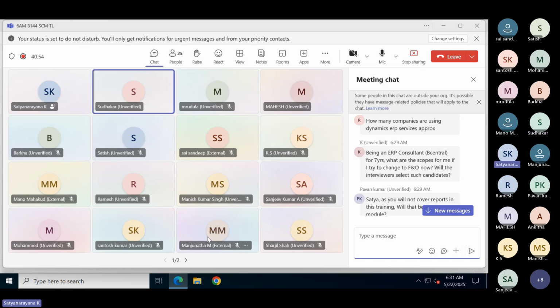Yeah, perfect, Sudhakar. See, if you want to learn, whenever you are a child, if you want to learn numbers, first you need to learn 0 to 9. 1, 2, 3, 4, 5, 6, 7, 8, 9, 10, and up to 99 you need to learn.